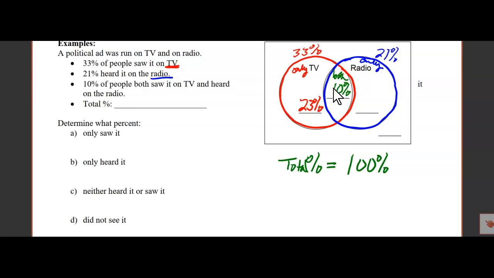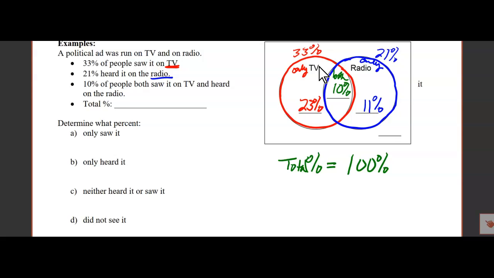So radio only is 11%. Exactly. Why? Because 10 plus 11 is 21. Okay? 23 plus the 10 is 33. Because 33% of the people did see it on TV. It's just that some of those people saw it on the TV and heard it on the radio.